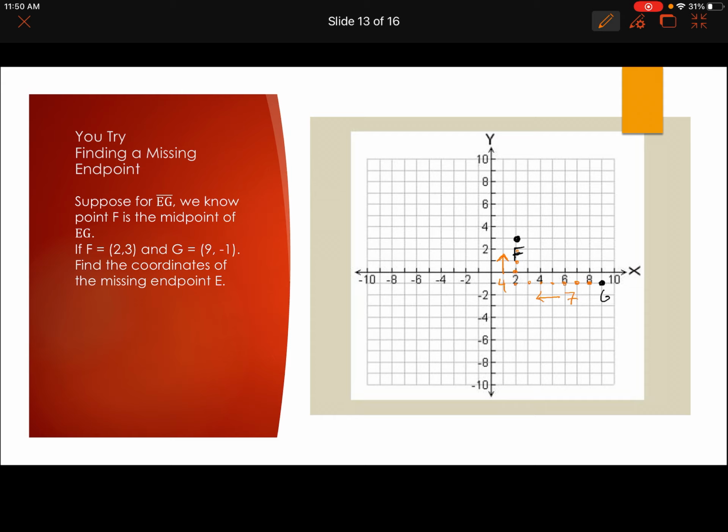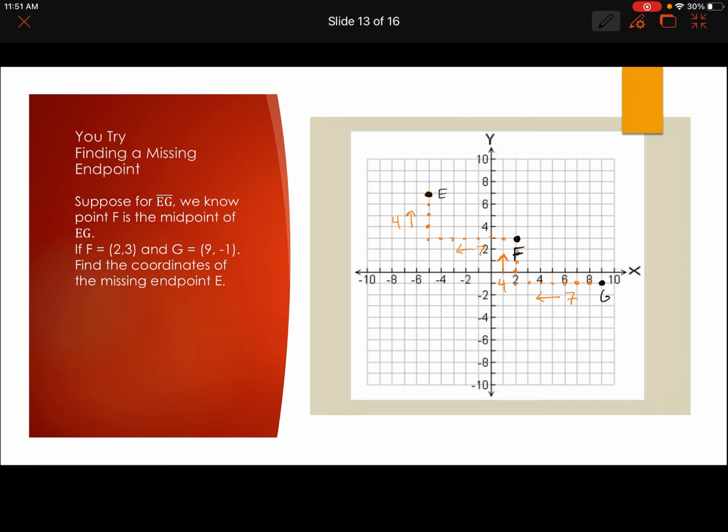That means we need to go 7 more to the left and 4 more up to get to E. So we go left 7 more, 1, 2, 3, 4, 5, 6, 7. Then we go up 4, 1, 2, 3, 4. And that's going to give us point E. So we'll put point E right here.